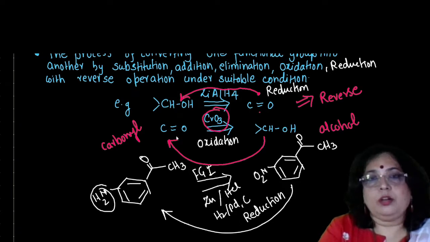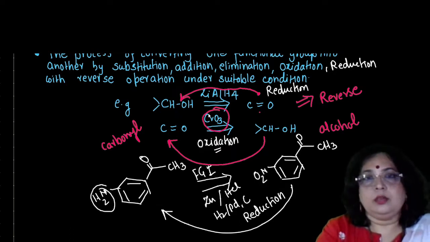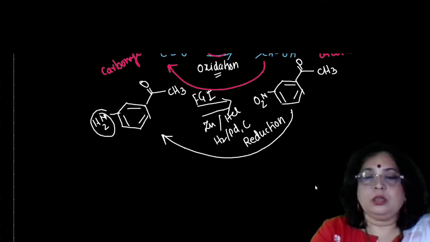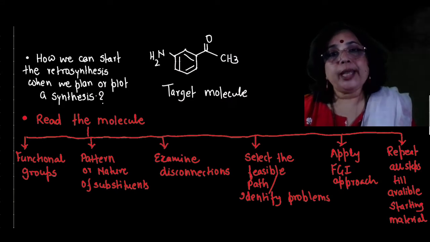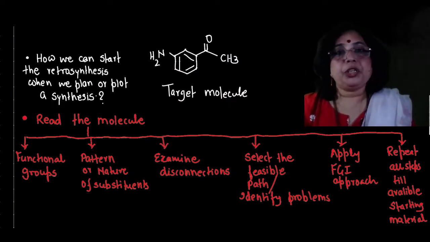That conversion you must write on the arrow, and the particular reagent you need to write on the arrow. So this is how you have to present the FGI. With some more examples, I will explain the details about the FGI. With the help of this molecule, we can easily understand the concept of functional group interconversion.